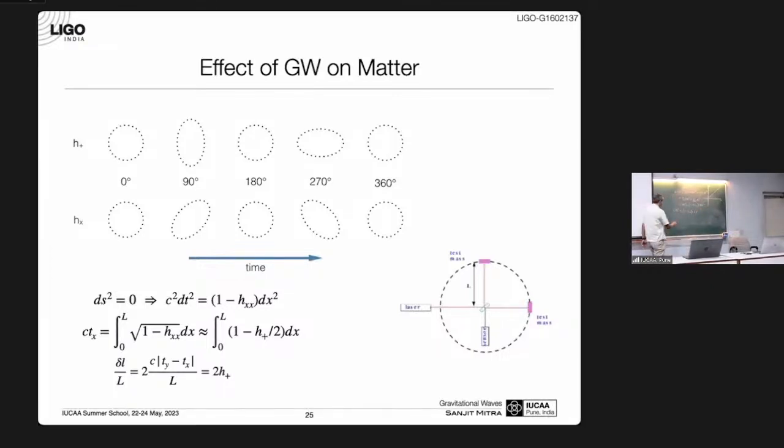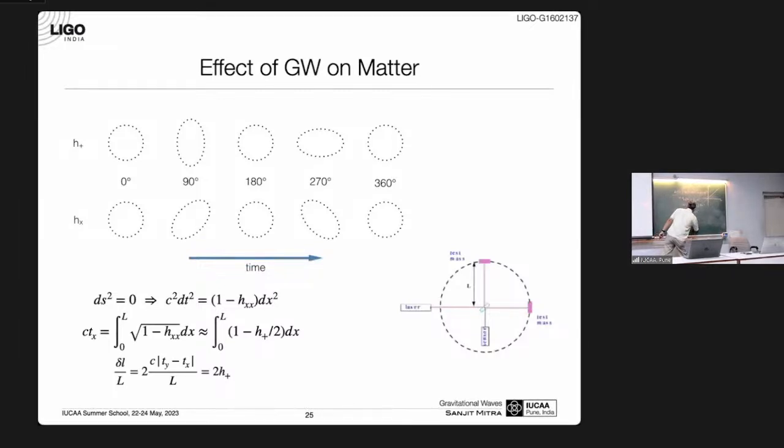Okay, that means the total time taken, which let us call delta t, is equal to, so I am integrating this part basically. For time we put a 1 by c here. Integrate from 0 to L.